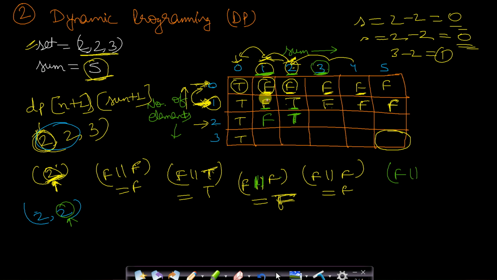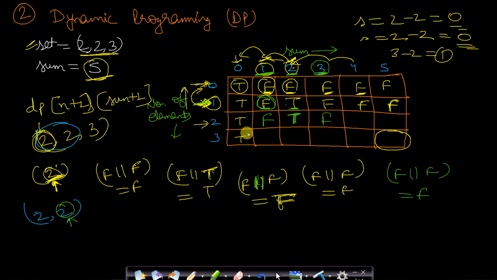So we will look at this element. It is saying that it is false, because by having the number of elements as 1, that is the first element, and sum value as 1, we cannot find sum value 1 by just having the first element, and therefore we cannot find the sum value to be 3 by having the first 2 elements. Therefore it will be false. False or false will be equal to false. Look at it very clearly.